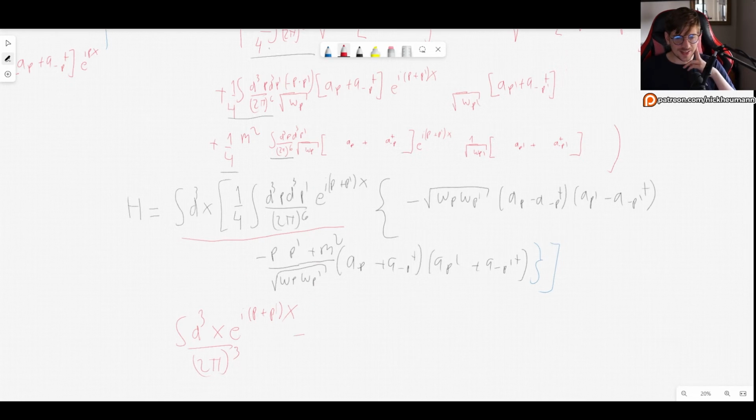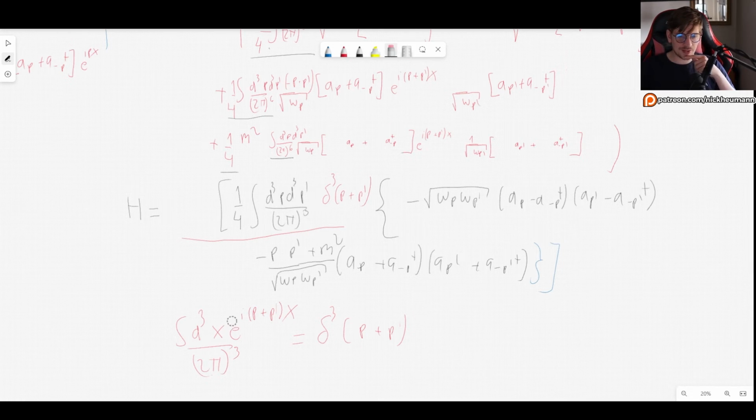And what is this? That is simply the definition of the Dirac delta of p plus p'. So we can now just get rid of that, and the (2π)^3, and instead write in the Dirac delta. So that would be δ^3(p+p').